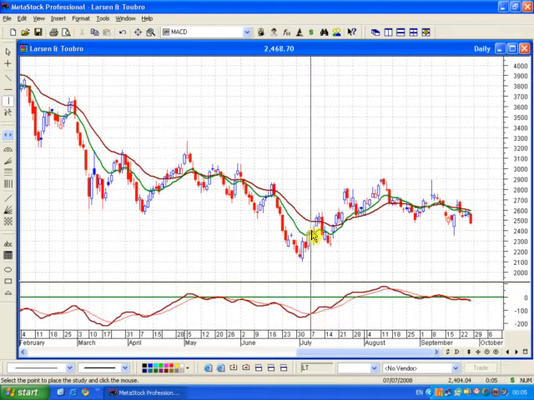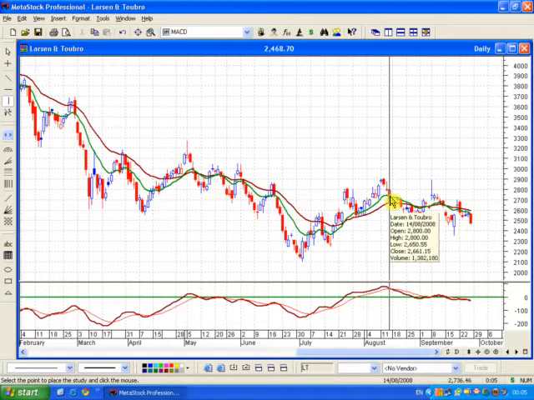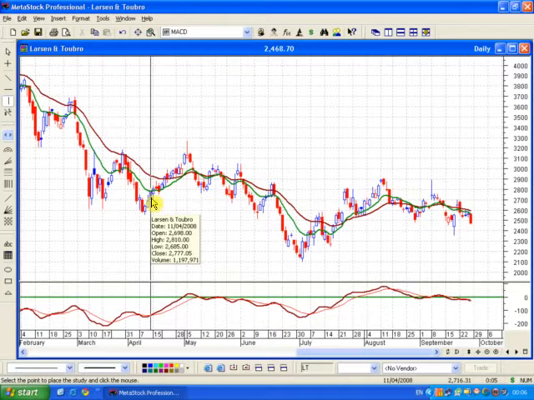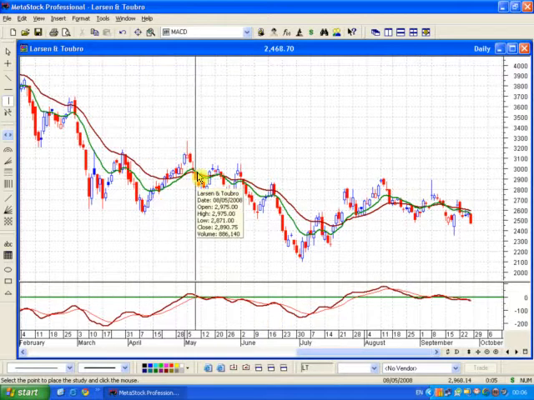We get a sell signal somewhere here, which is say 2700, 300 points profit. Again, if we look at this move, we get a buy signal somewhere here, which is 2700, and we get a sell signal here, which is 2900, 200 points profit.